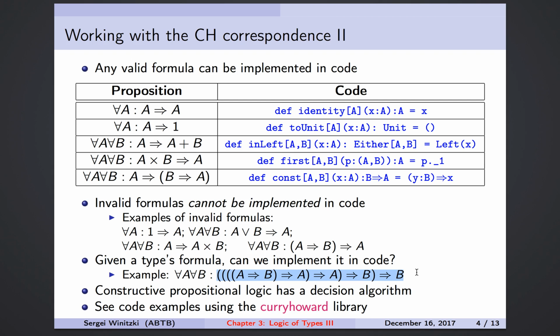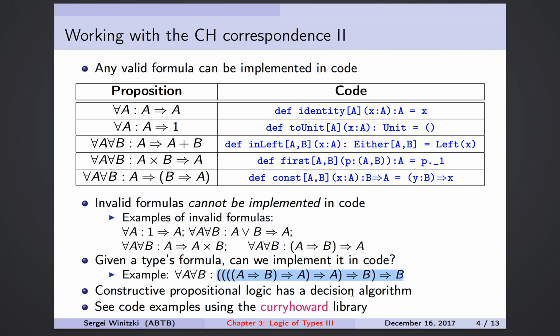And at the same time, if it can be proved, what is the code that implements this function? This algorithm is constructive. It is not just proving that this can be derived. It actually gives you the code that implements this function.